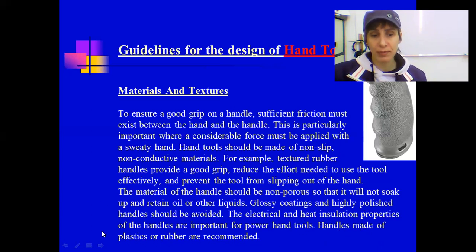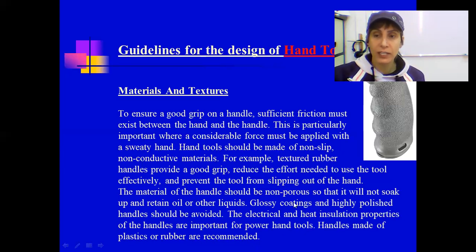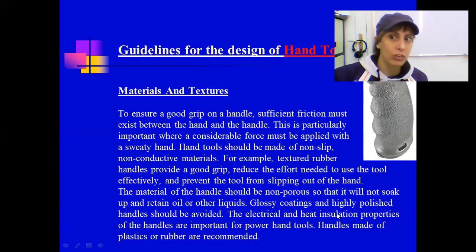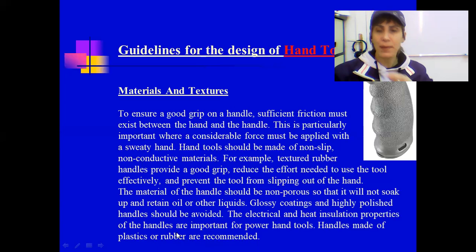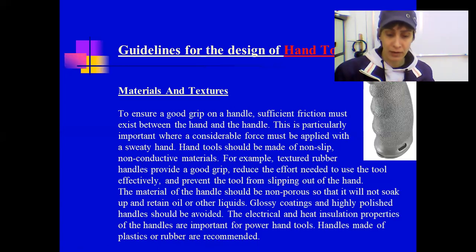So handles made of plastic and rubber are recommended because they have electrical and heat isolation properties. Many hand tools you see always have plastic and rubber. This is actually a rubber.